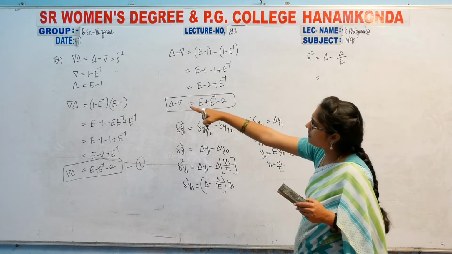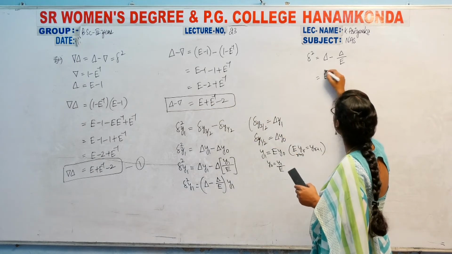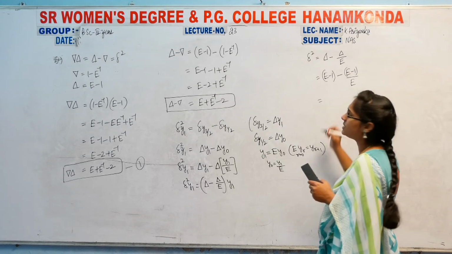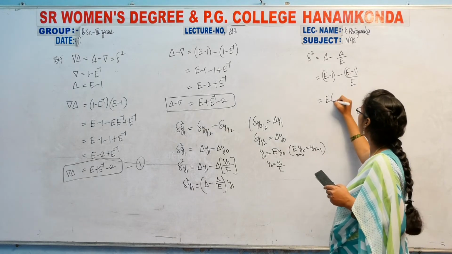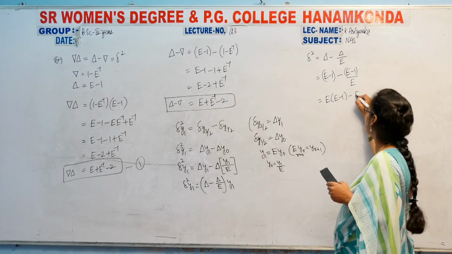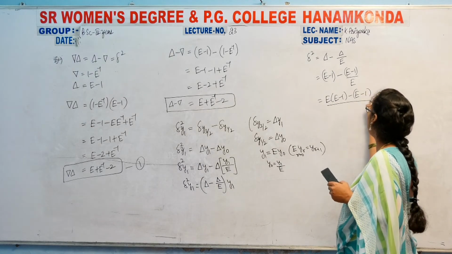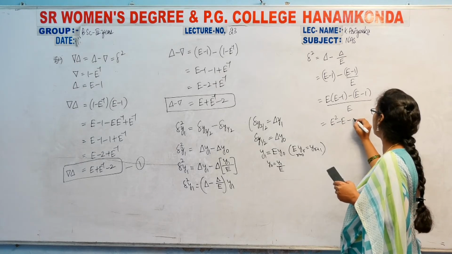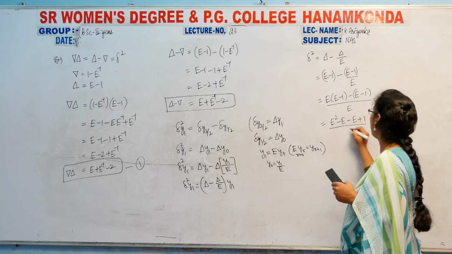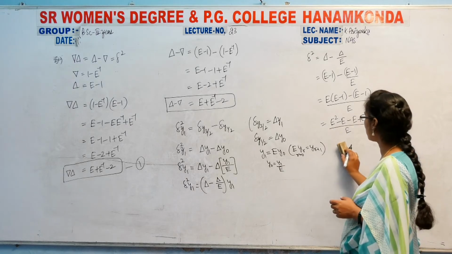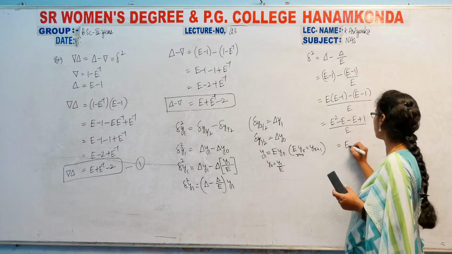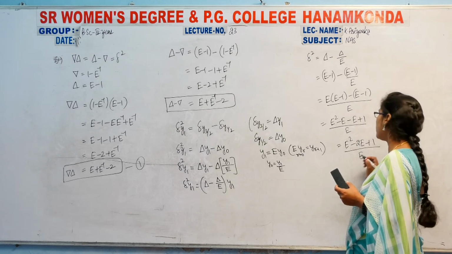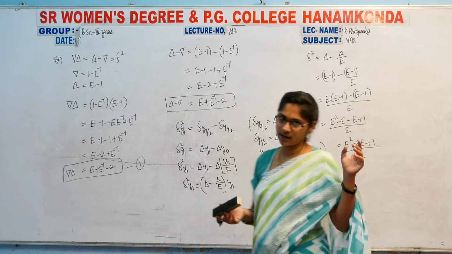Now we know that del value, that is e minus 1 minus e minus 1 by e. Now LCM, then e of e minus 1 minus e minus 1 by e. Now it is nothing but e square minus e plus 1 by e. Okay, so now here, which is equal to e square minus 2e plus 1 by e. So now here finally I have that e square and so on.